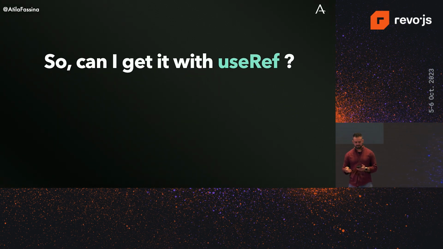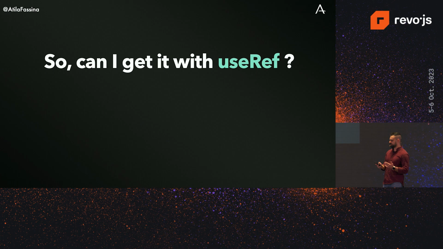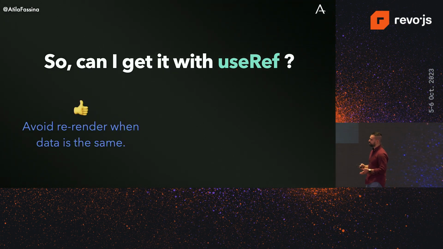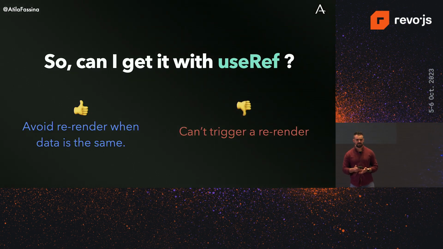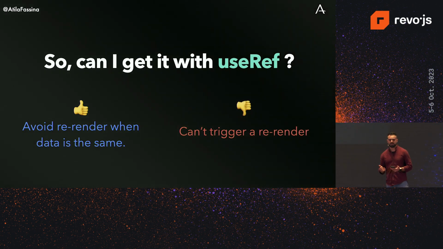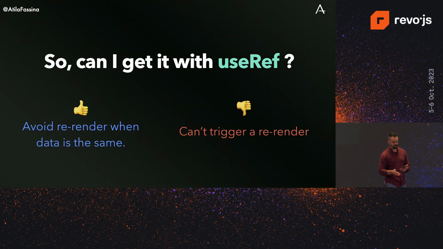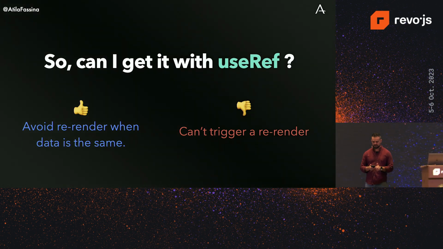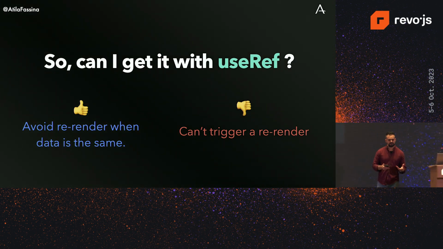So can I use useRef? If we want a value to persist across renderings, we would use that. That's what they're there for. The problem in this case is that they cannot trigger a re-render in any possible way. So it doesn't really fit the bill. That's why we cannot use useRef for that.